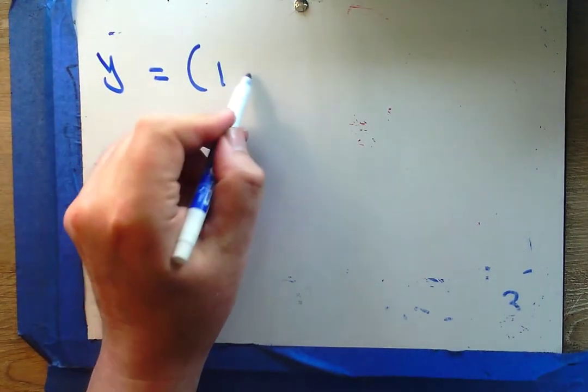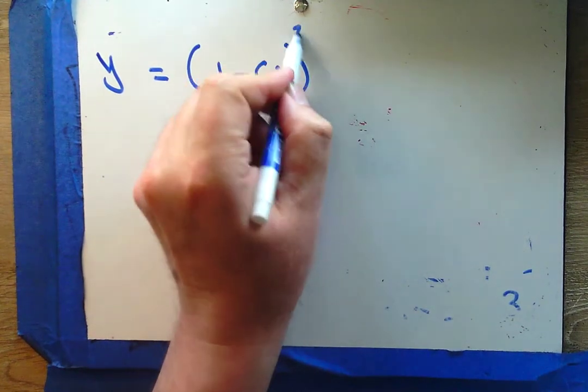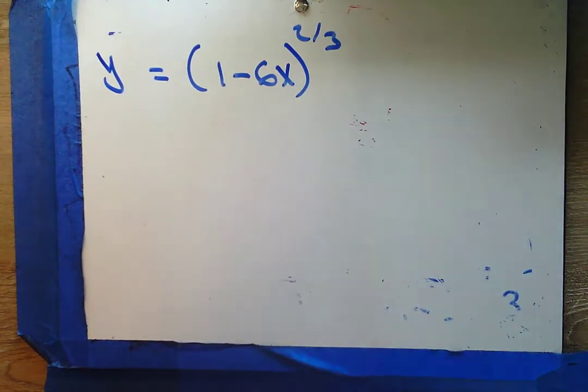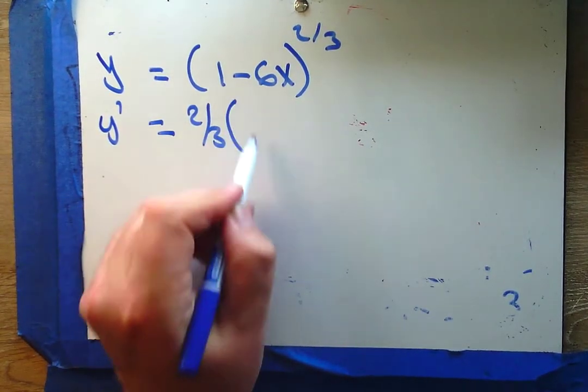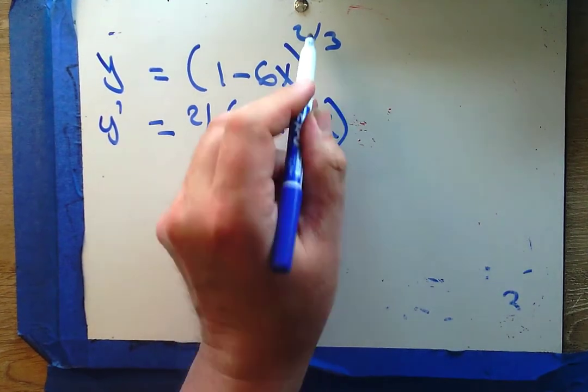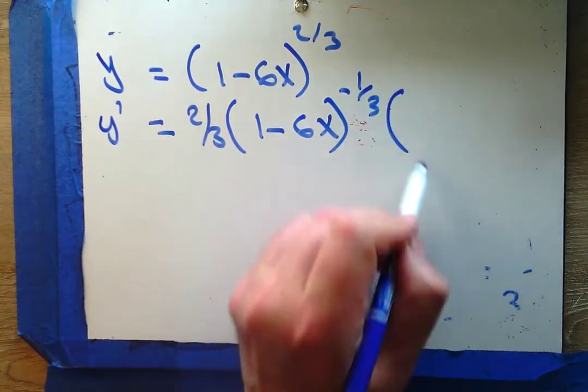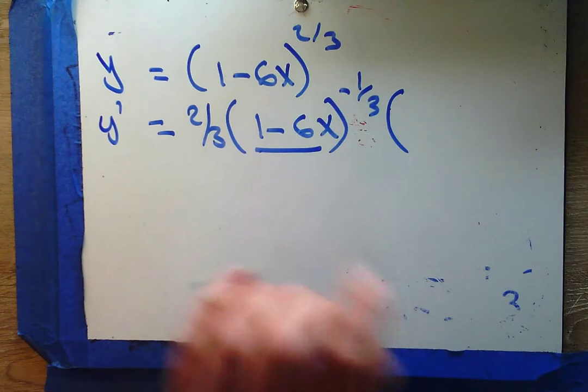Nope. 36: y equals (1 minus 6x) to the 2/3. I'm just going to start with the power rule here. y prime equals 2/3 times (1 minus 6x) to the negative 1/3. Don't forget to subtract 1. Don't forget to come back and take the derivative of the inside.